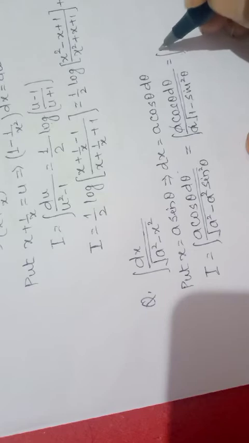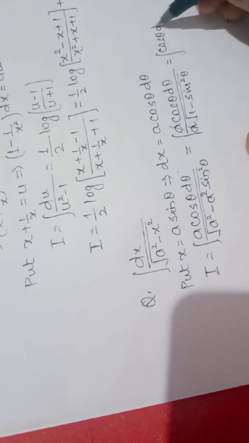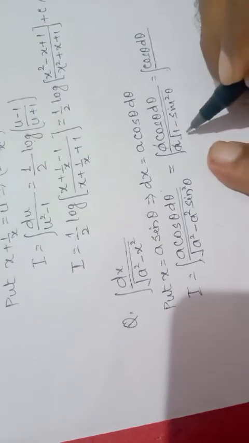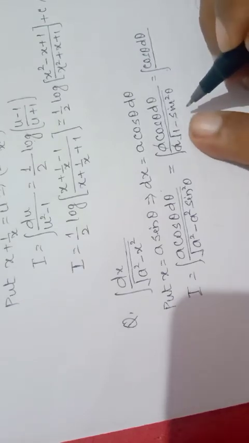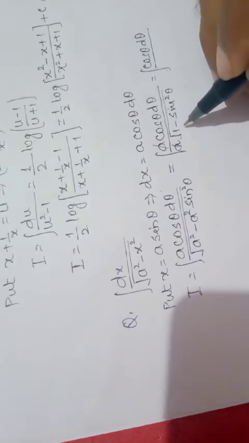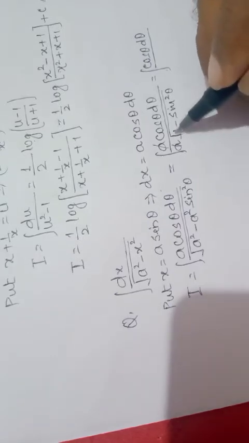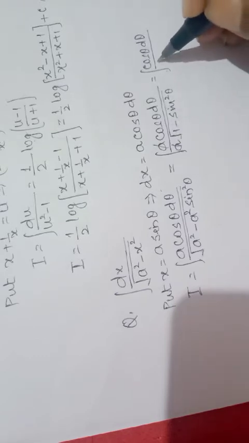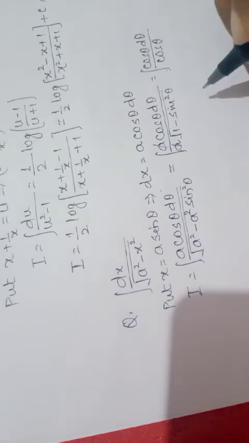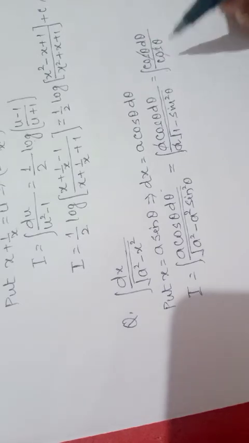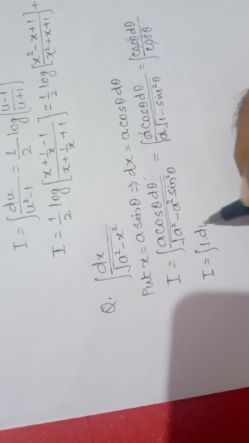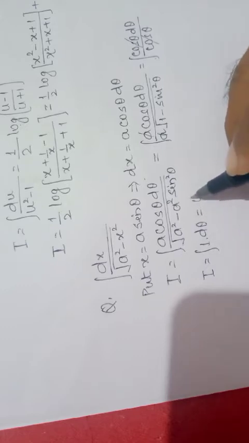Integration of cos theta d theta divided by under root 1 minus sin square theta. 1 minus sin square theta is cos square theta, and its square root is cos theta. So cos theta and cos theta should cancel. Finally we have I is equal to integration of 1 d theta, which is theta.